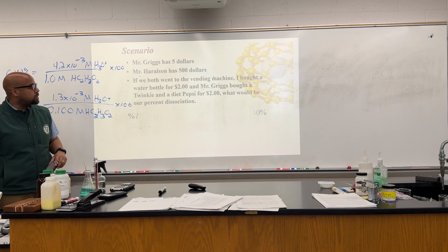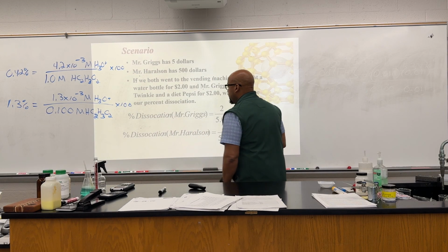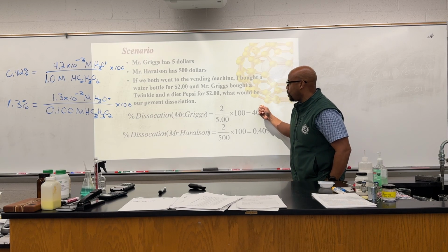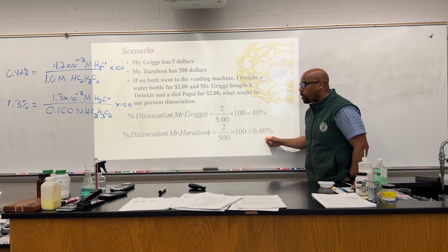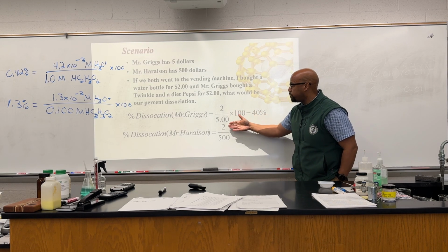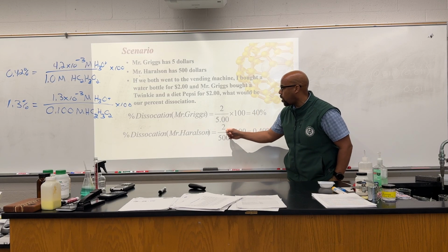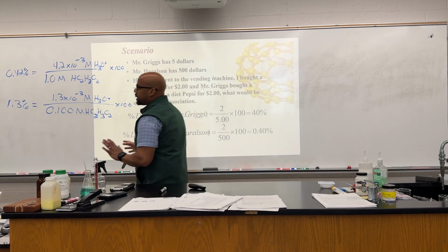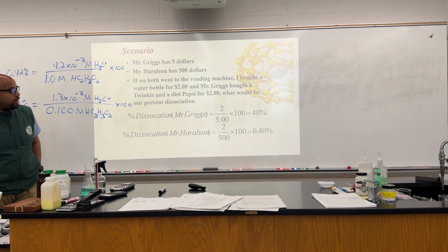If we look at our percent dissociation, Mr. Griggs dissociated 40% of his actual wealth, while I only had a 0.4% dissociation. Even though we spent the exact same amount, we get different percentages, because we're starting with different initial amounts. So once again, percent ionization or percent dissociation is only good if you start with the same initial amount.